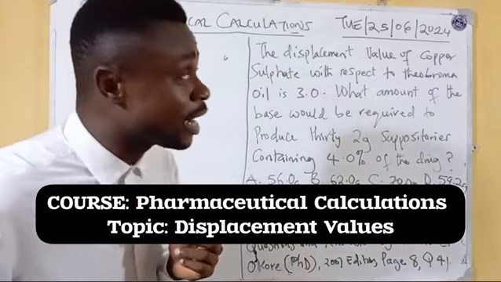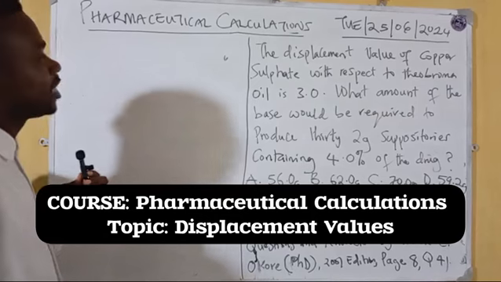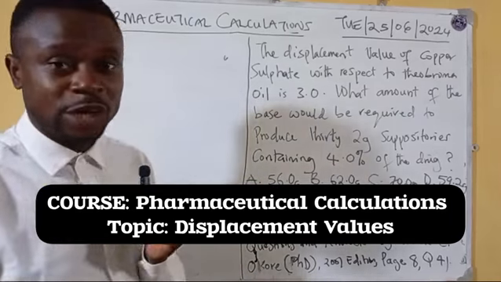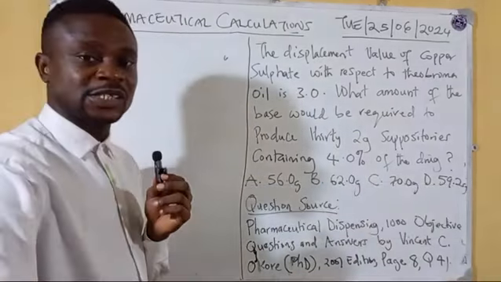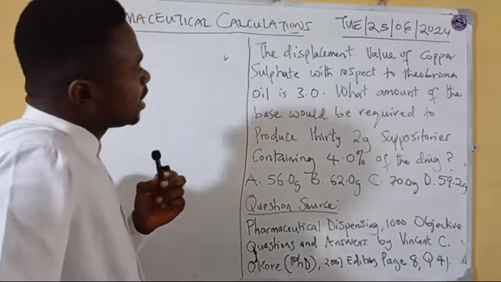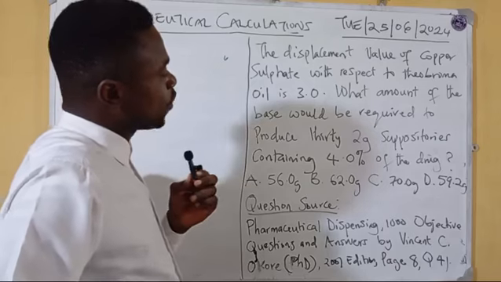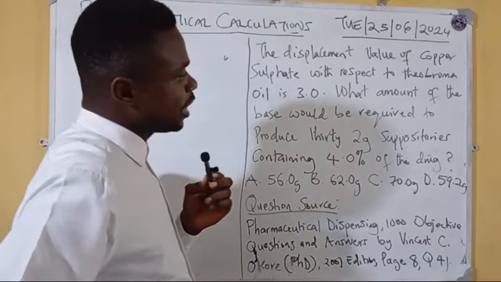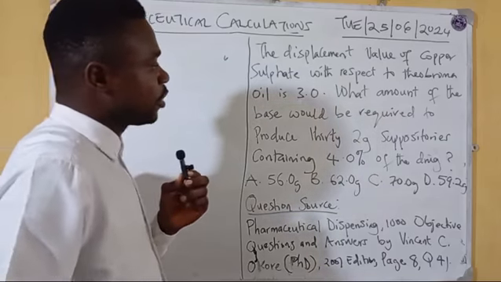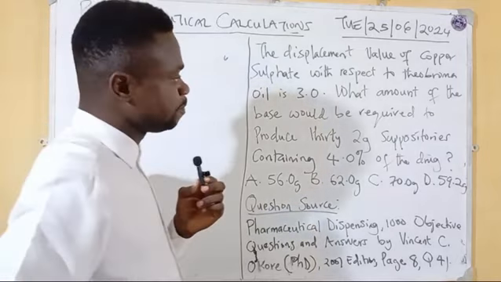Today we'll take a look at pharmaceutical calculations and we have a question on the board. The question says the displacement value of copper sulfate with respect to theobroma oil is 3.0.